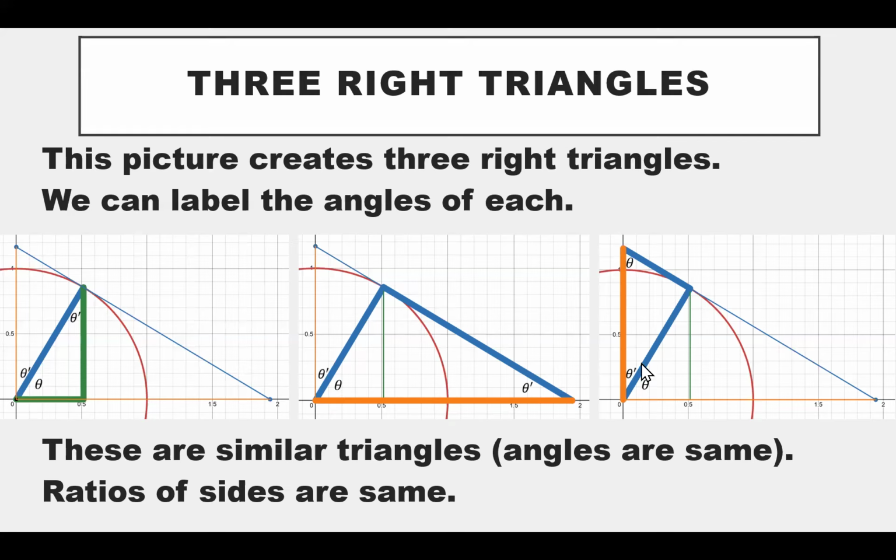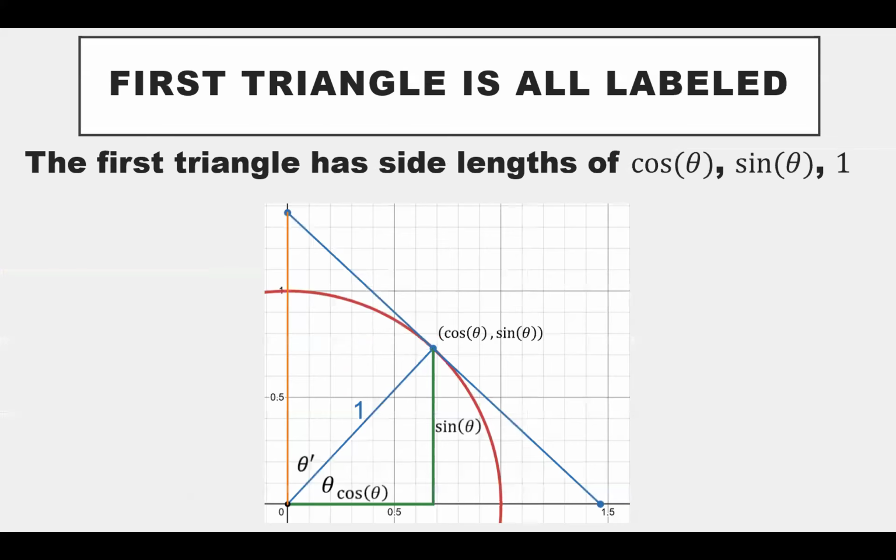In a similar way, since we already know the complementary angle is here between the ray and the y-axis, and we know that we have a 90-degree angle out here, then the complement of the complementary angle is going to have to be theta. So each of these three triangles have angles which are, one is 90 degrees, one is theta, one is the complement of theta. And so the three triangles are all similar. And we know that in similar triangles, the ratio of the sides have to be the same.